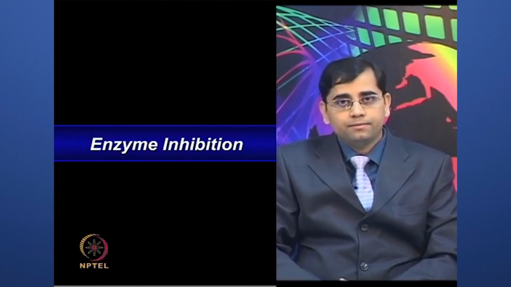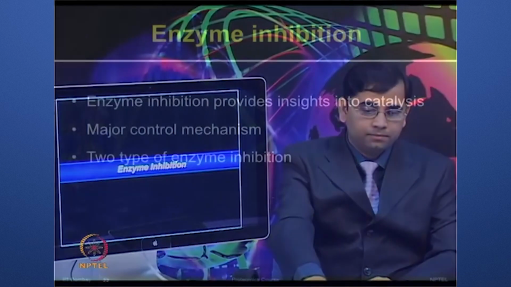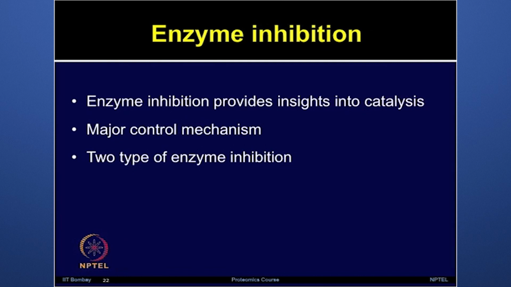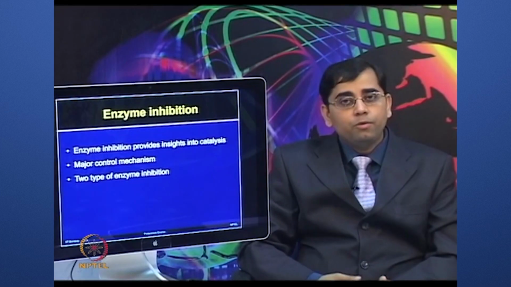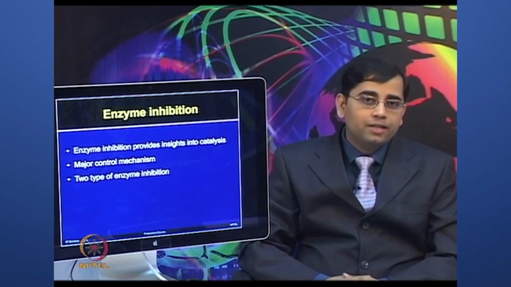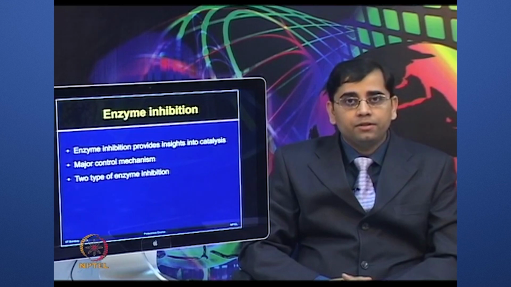Enzyme inhibition. Enzyme inhibition can provide insights into catalysis. Enzyme activity can be inhibited by small molecules and ions. Enzyme inhibition provides a major control mechanism in biological systems. There are two types of enzyme inhibition: reversible and irreversible.